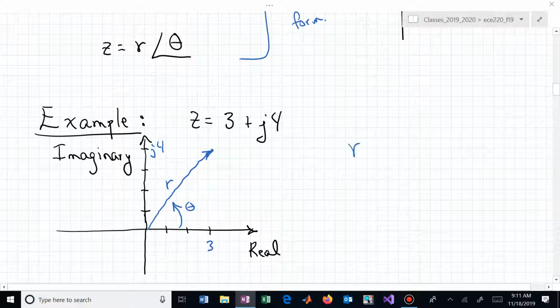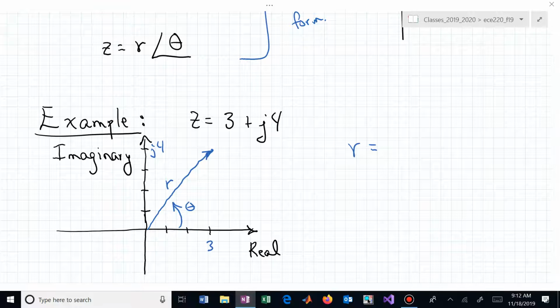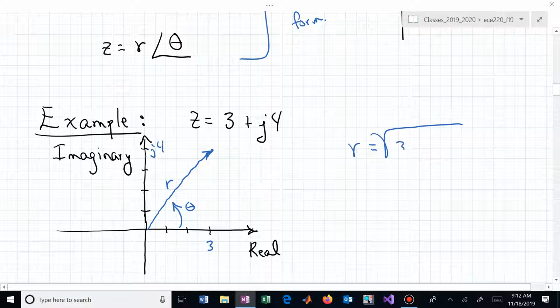And what is r? That's the hypotenuse of a right triangle. That's now the square root of the real part squared plus the imaginary part squared. And I said I picked those numbers conveniently so that I now have the square root of 25, which is 5, for my distance.